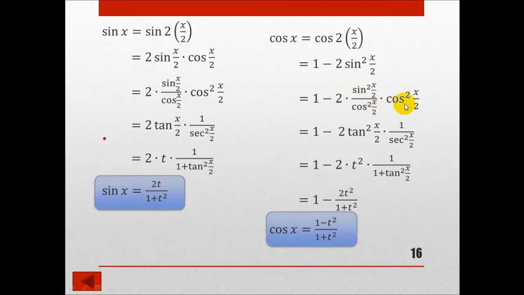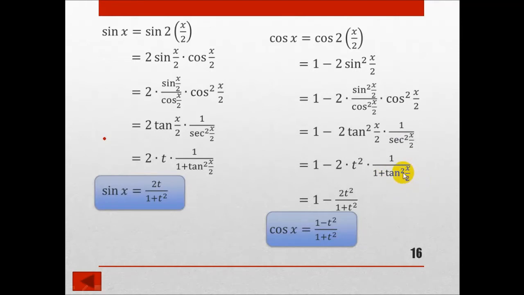Tangent we substitute with t, and secant squared is 1 plus tangent squared x over 2.